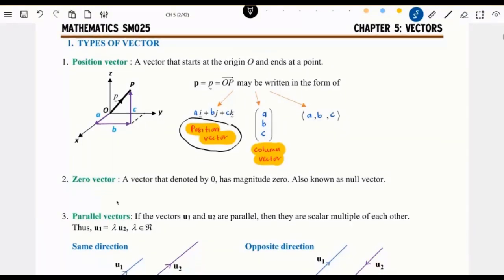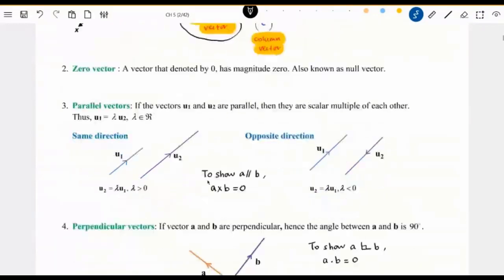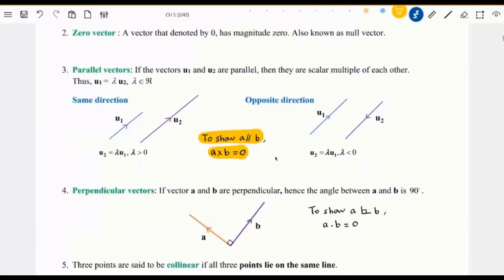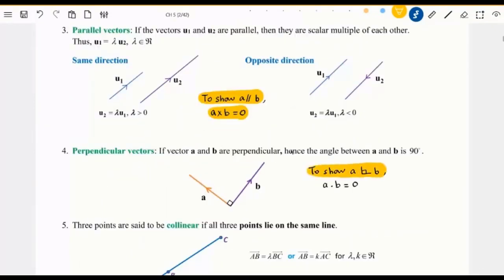Okay, so we have zero vectors, we have parallel vectors. So parallel vectors macam saya cakap tadi, to show that you have to put A cross B equal to 0. And then for perpendicular, we have it A dot B equal to 0. Okay, so this is important parts for parallel and perpendicular.